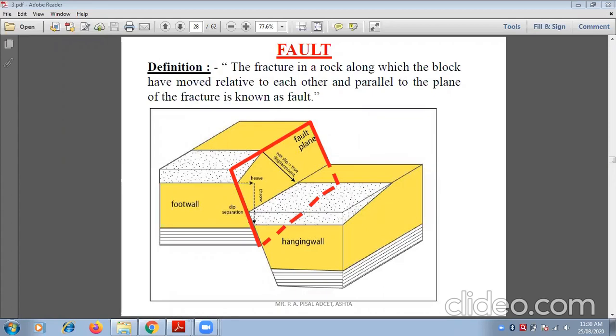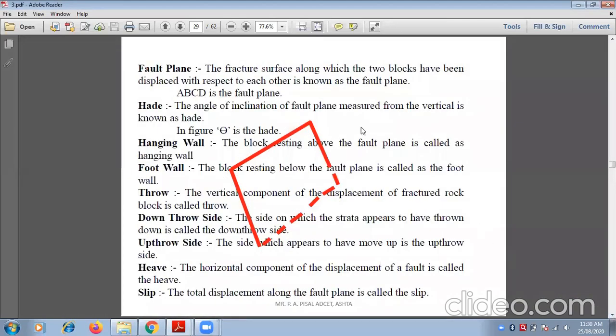Now we will see another term. The actual definition is: the fracture surface along which the two blocks have been displaced with respect to each other is known as a fault plane.